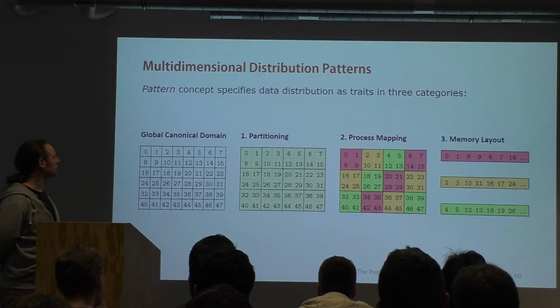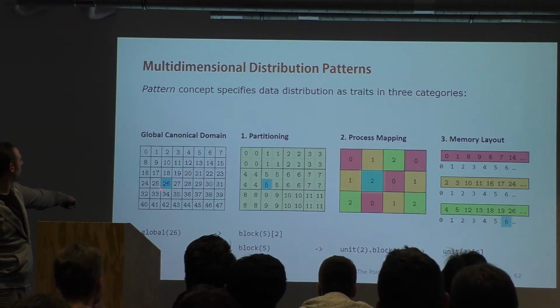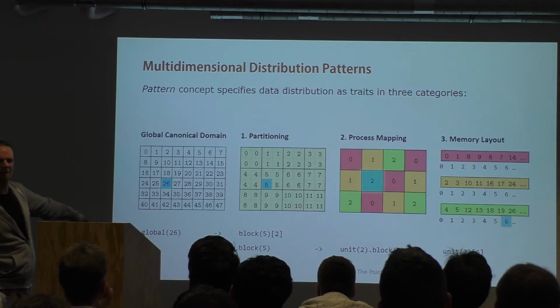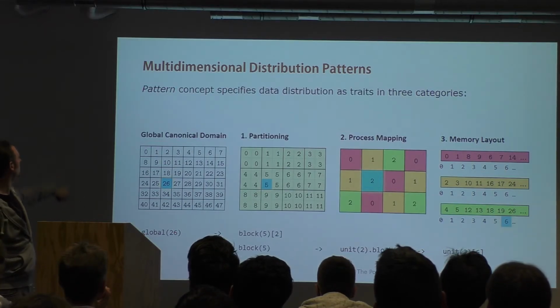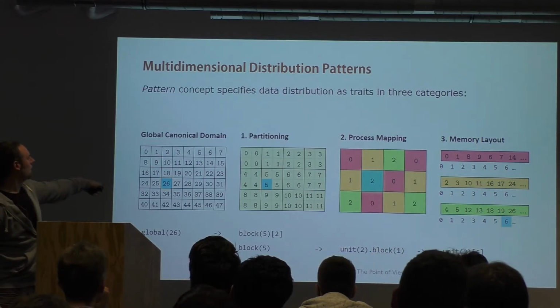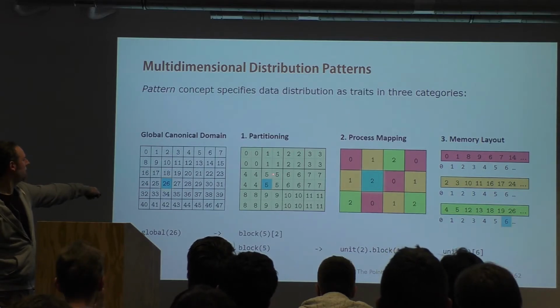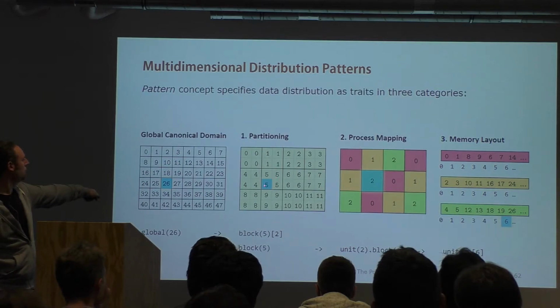And this is static. So for example, this element, global 26, well, should have put it to the top. So the global index 26 maps to the global block 5, 0, 1, 2, 3, 4, 5. And in this, it's the element at offset 2, 0, 1, 2.